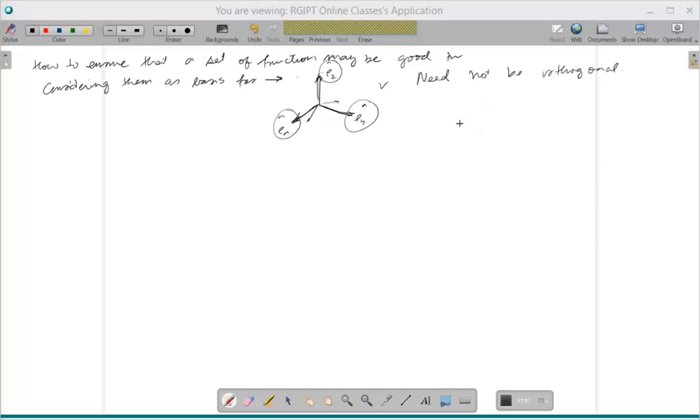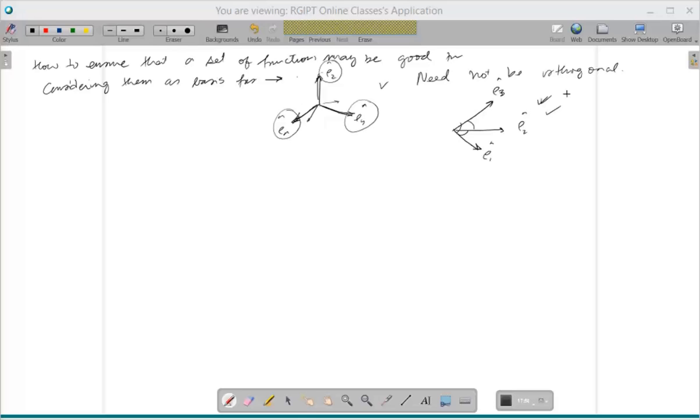For example, in three-dimensional space, you could have chosen E1, E2, and E3 such that these angles need not be 90 degrees, right? So this is also a good choice of basis function, as long as you cannot write E3 in terms of E1 and E2, or E2 in terms of E1 and E3, and so on. Then you are good.